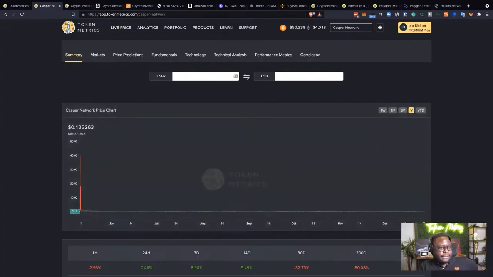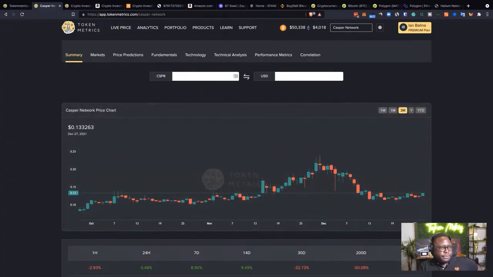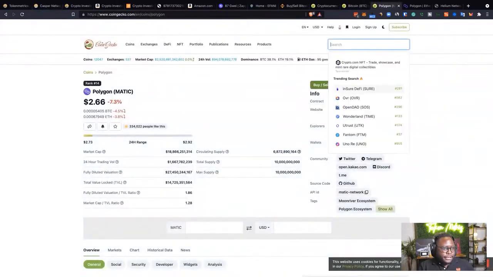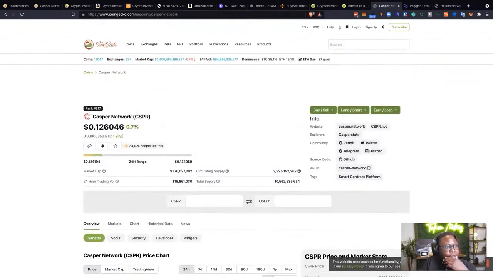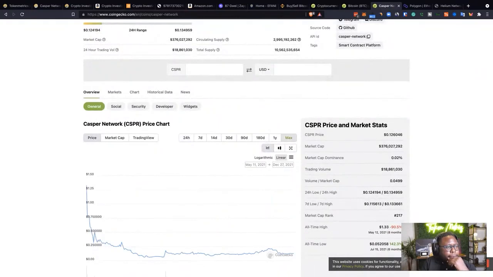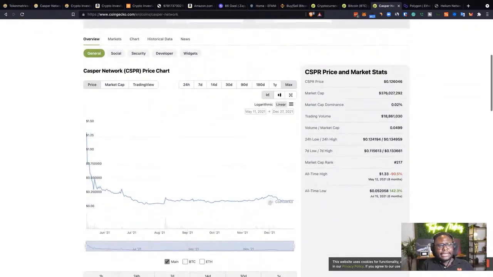Let me use Casper on CoinGecko here. Even though Casper Network had great technology, it scored like an 88, 89, I believe, and most of the supply was owned by insiders. And to me, that was a deal breaker despite having great technology.